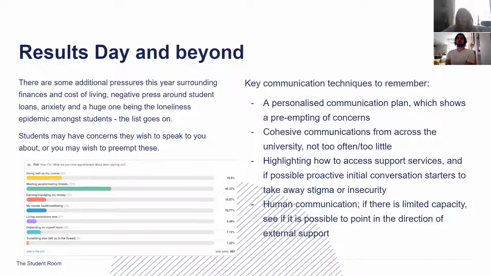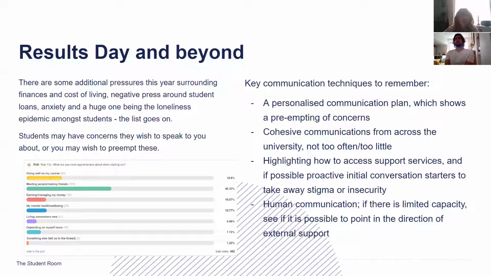So we ran a poll. I'm afraid it's not particularly clear on this, but we'll send these slides out, so you'll have links to all of the polls and threads within this presentation. We asked year 13s what they're worrying about in terms of university right now, and how they'll do at university.